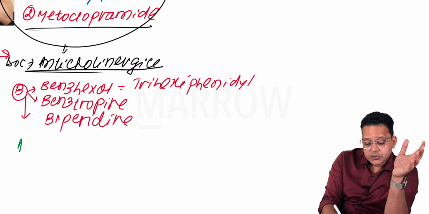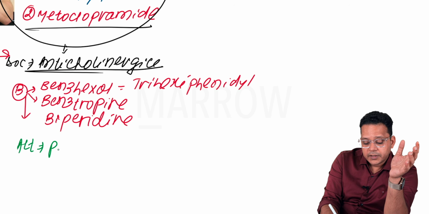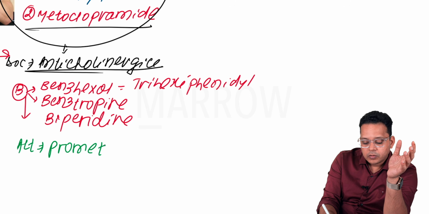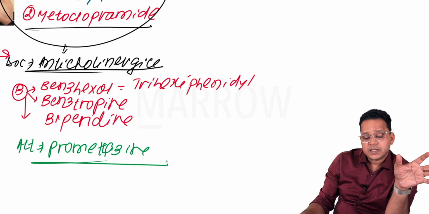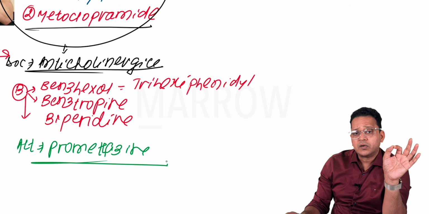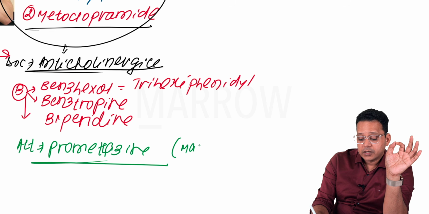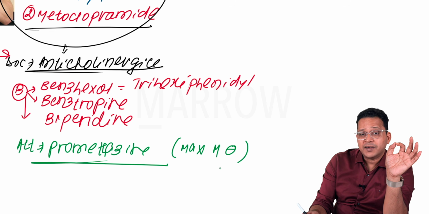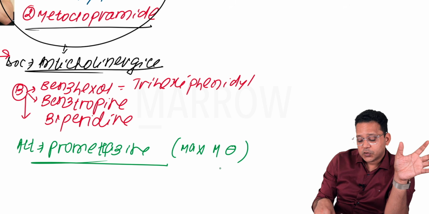Now, if I don't have access to anticholinergics, I can use an alternative drug, that is promethazine. Now, why am I using promethazine? You might have read about promethazine being an antihistaminic drug, but it is an antihistaminic which has maximum anti-muscarinic action as well. So, all of these are MCQs.